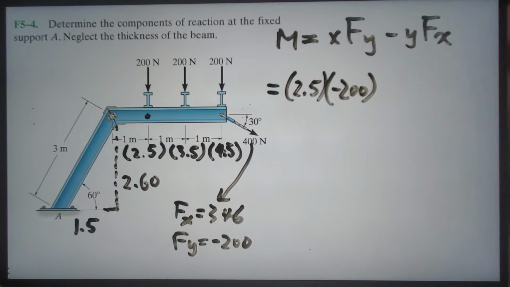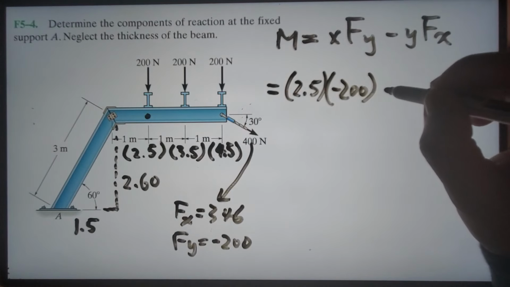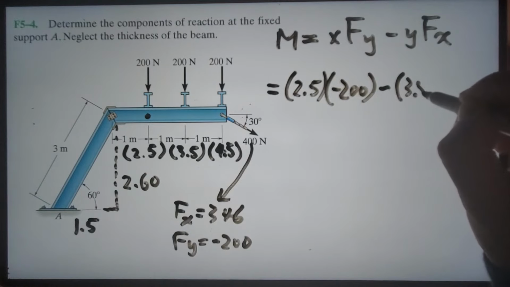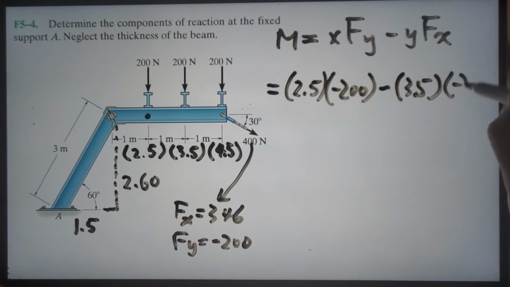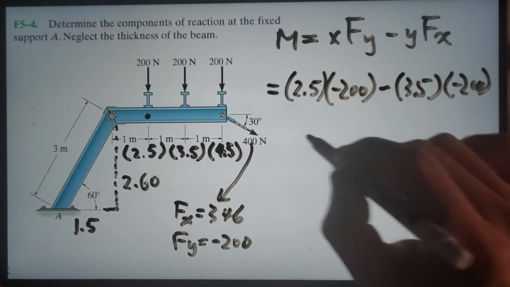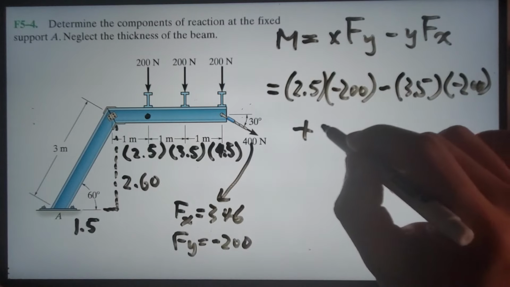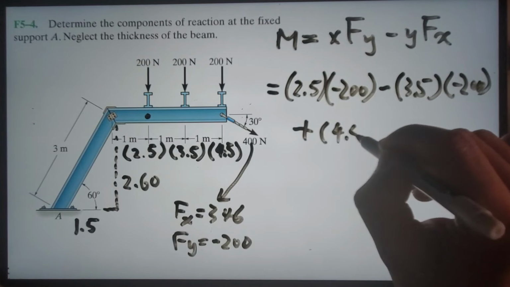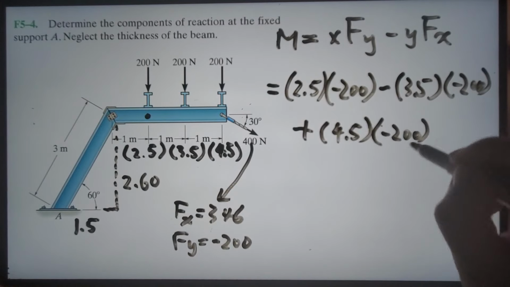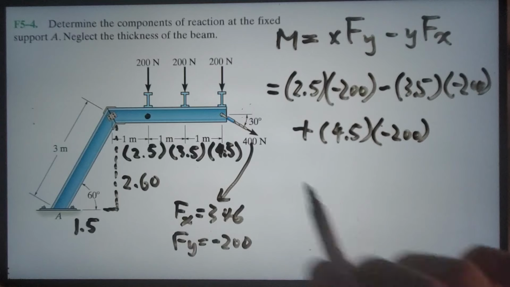That's why I ignored that term. For another one, the x is 3.5 times negative 200, the force in the y direction. Then add another one, so the x is 4.5 times negative 200. All of this is going to be negative because it's going clockwise.